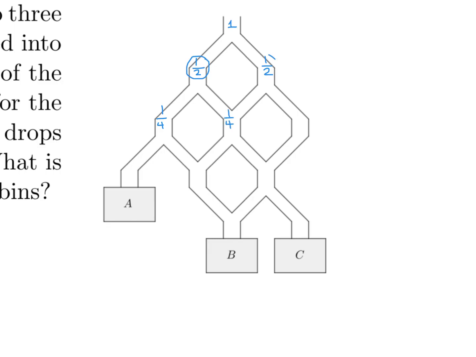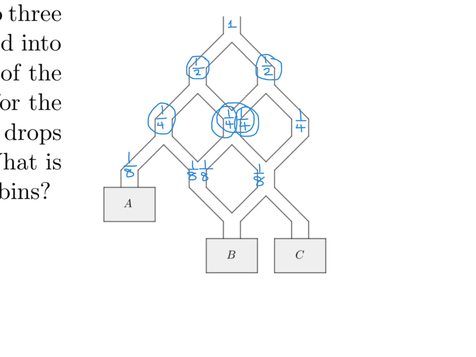Correct? And then this one also breaks up equally into a quarter here. It's the same spot, and a quarter here. These 2 are in the same location, by the way. Then we continue. This one breaks up equally into an eighth here and an eighth here.